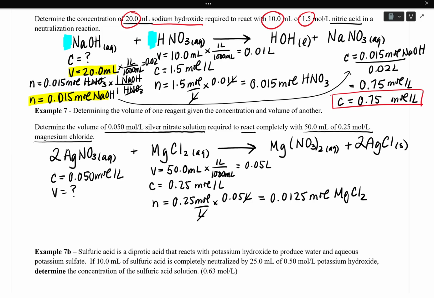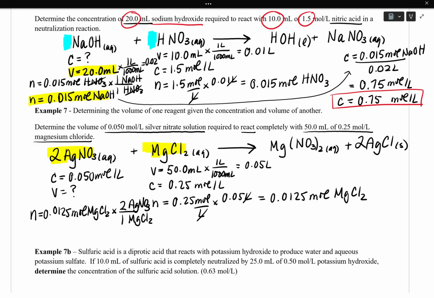So now that I know the number of moles, I'm going to use my mole ratio between magnesium chloride and my silver nitrate to solve for the number of moles of silver nitrate. So 0.0125 moles of MgCl2, I'm going to multiply it by 2 moles of AgNO3, divide by 1 mole of MgCl2.